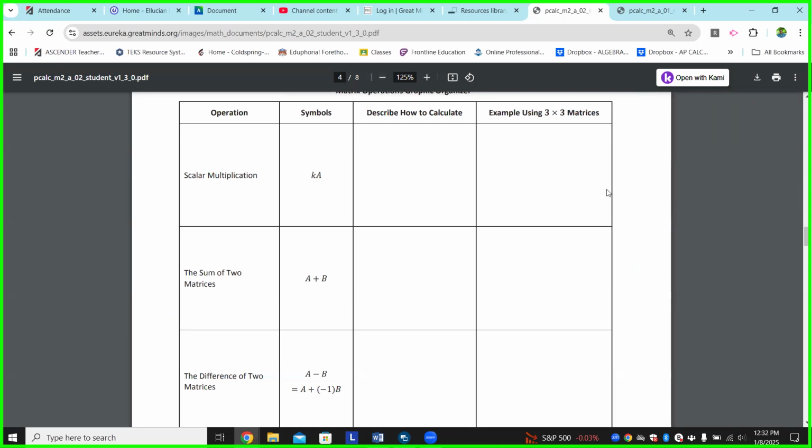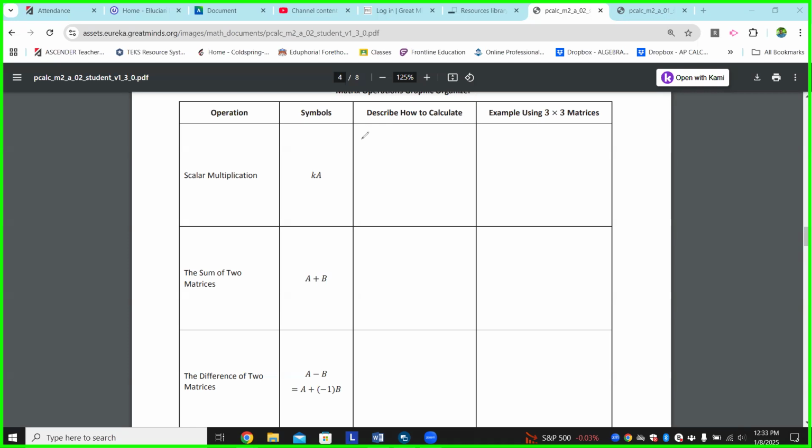All right, so here is basically everything we have seen up to this point, even from last semester, but mainly just regarding what we've seen here recently or today. You have scalar multiplication, which is going to be some k value times a random matrix.